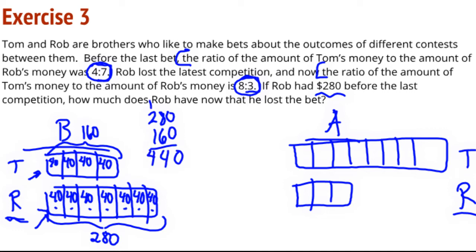There's $440 that's being split between these two brothers. And that transfers right over here. The amount of money has stayed the same. The value of each of the units has stayed the same. So I could take the 440 and divide it, and I would find that each of the parts is worth 40.